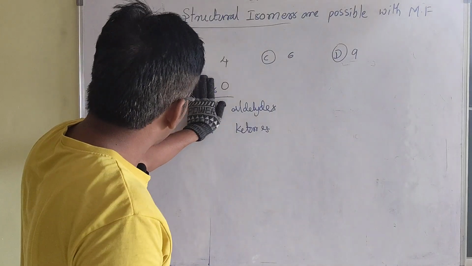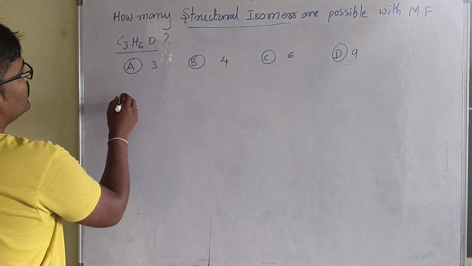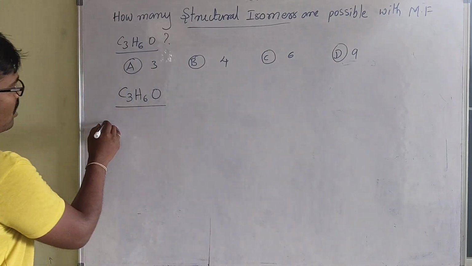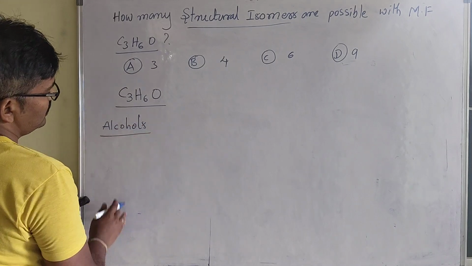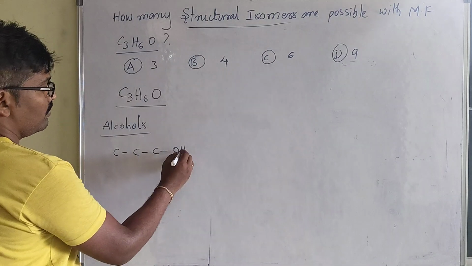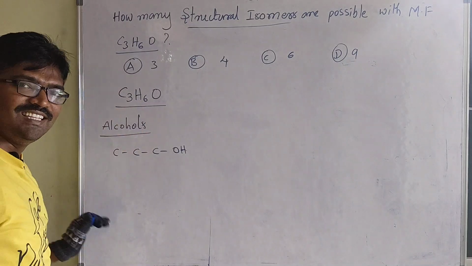First we'll see alcohols. In the C3H6O molecule, how many alcohols are possible? C bond C bond COH, that's the alcohol. But if you observe, one degree of unsaturation is there.